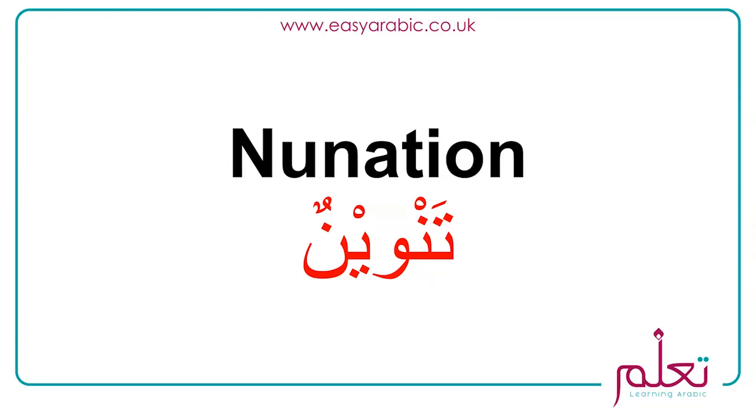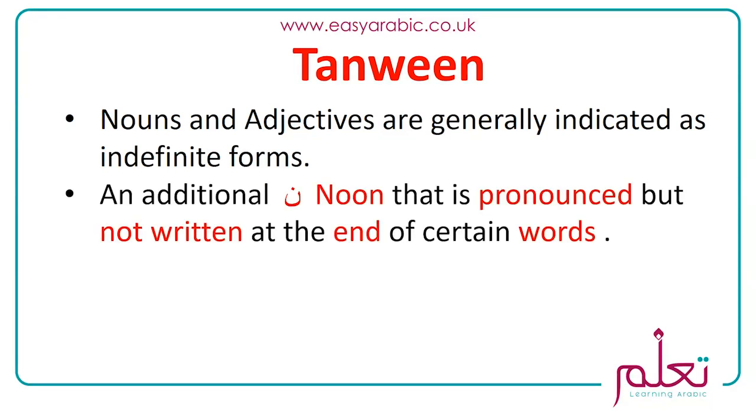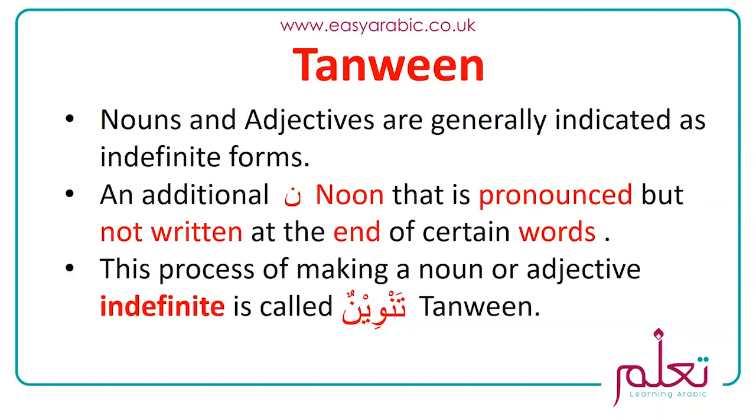When nouns or adjectives are indefinite, an additional noon is pronounced but not written at the end of the word, so it adds the n sound at the end. This process of making a noun or adjective indefinite is called tanween. We've got three different types of indefinites.